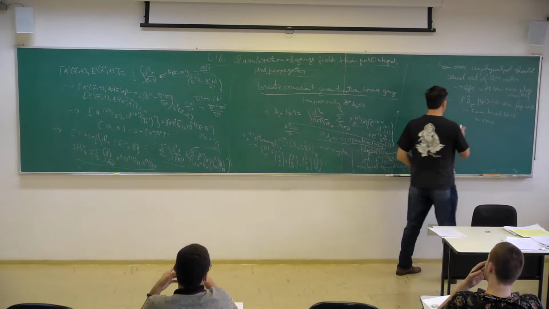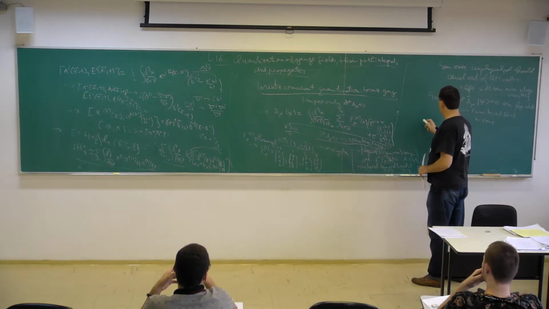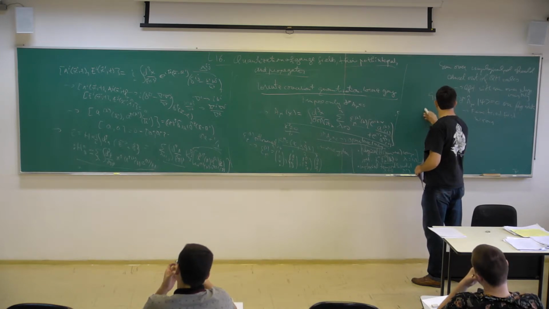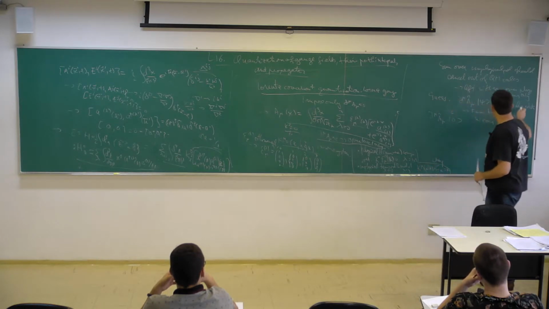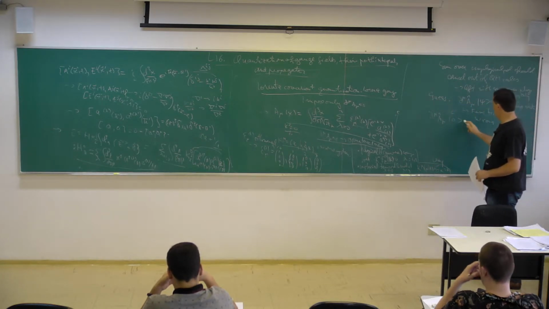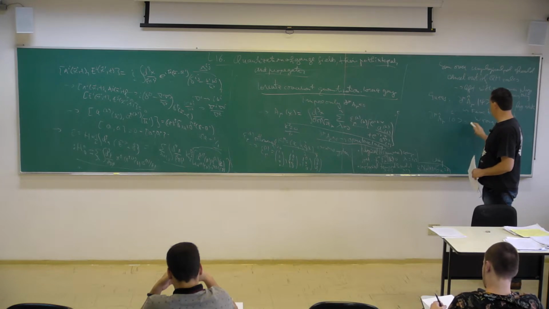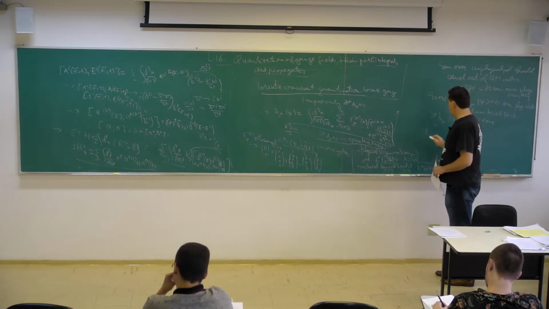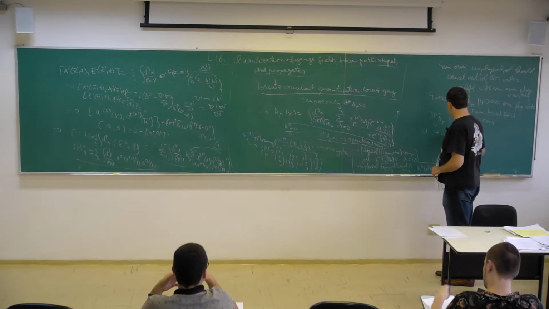The A part would be fine, but if you impose d mu A mu on the vacuum, for instance, we would obtain an A piece and an A dagger piece.